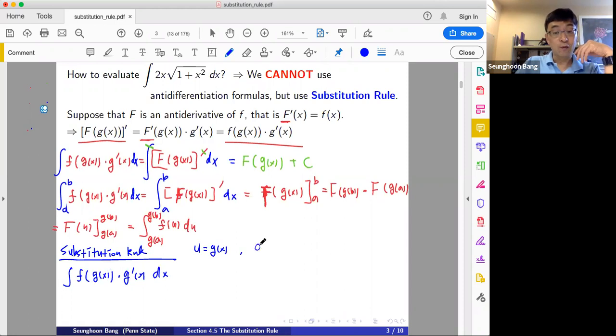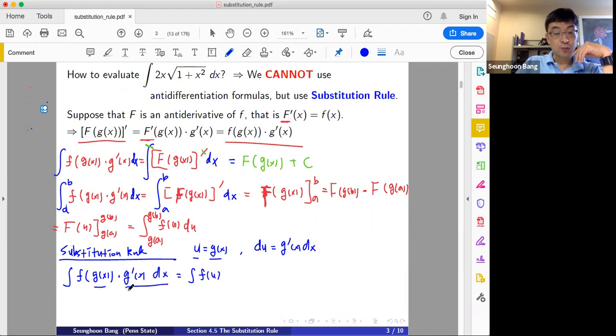Next, you can find the differential form: du is g prime of x dx. You have to substitute g of x equals u into here. We have the integral of f of u.